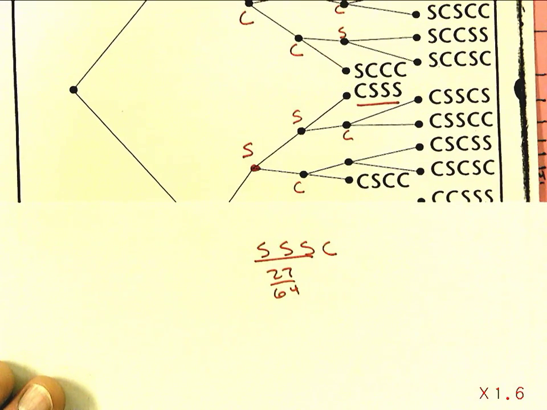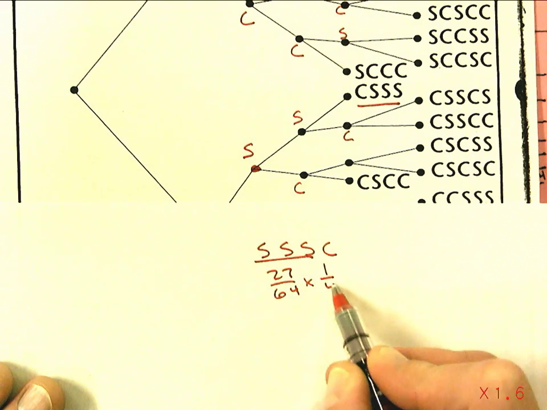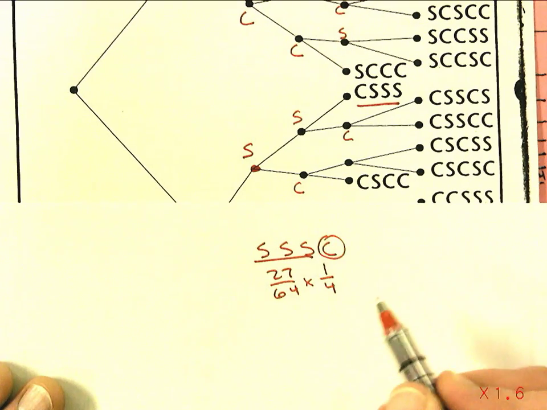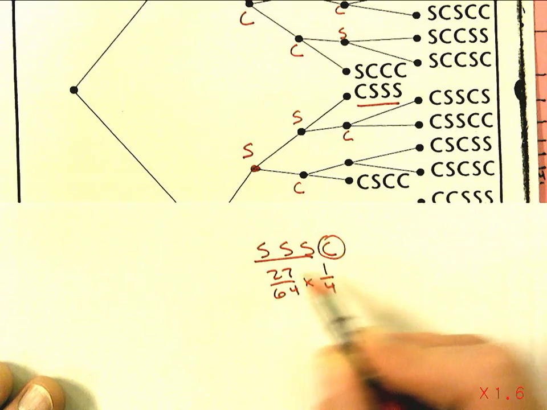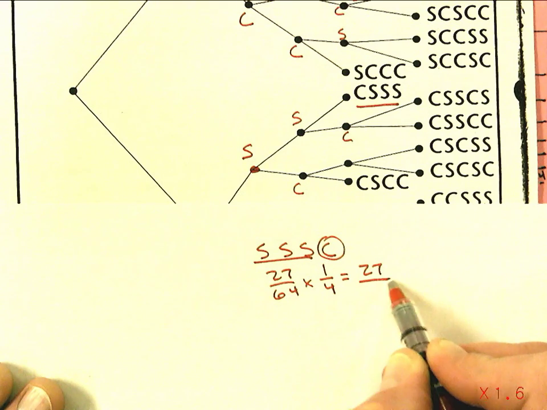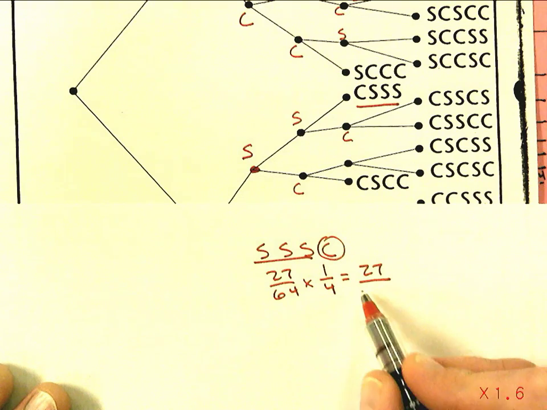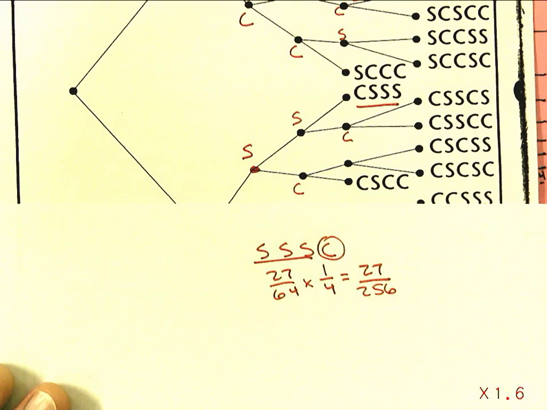So we take the 27/64, and then times the 1/4 of this one that we have to add on, because somewhere in there they lost a game. Now we're still going to have 27 here, but we're going to have 64 times 4, which is 256. So we have a pretty big differential there.